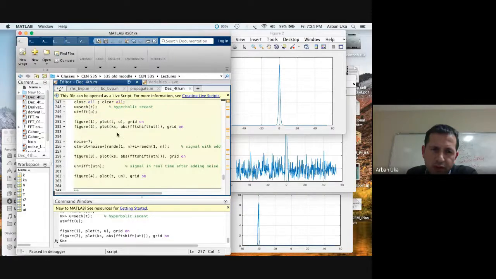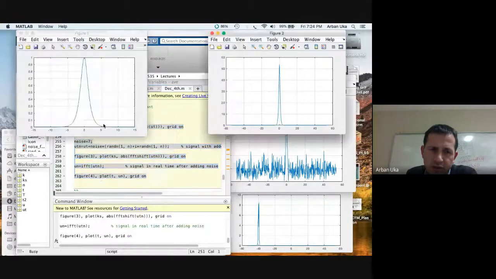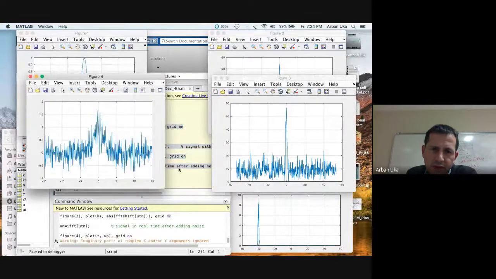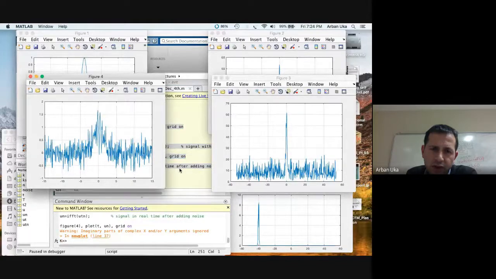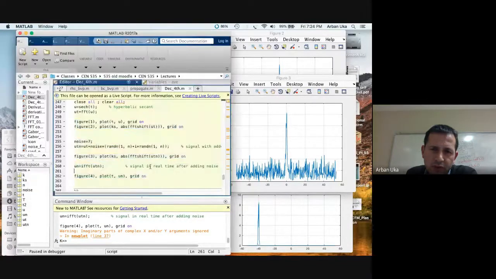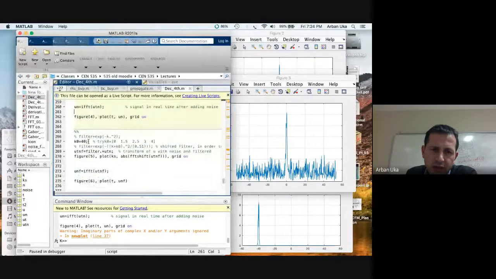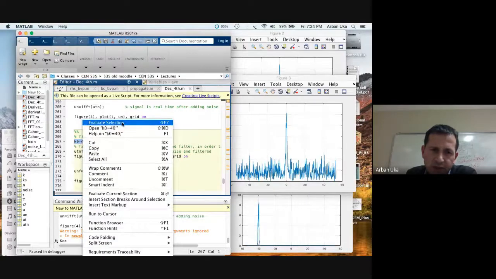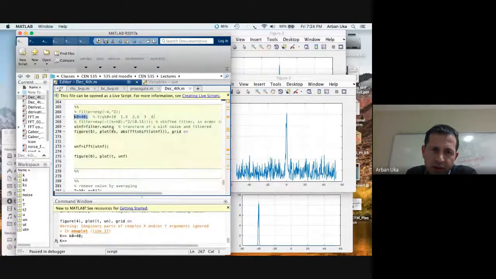I mean, we are going to plot the same graphs again. Figure 4, let's have the figure 4. Figure 1 and 2, they are already there, but let's have them like this. Okay, we knew what they looked like. So figure 3 and 4. And now let's have our filter. Actually, this is too far, but let's keep it still there. Evaluate selection.